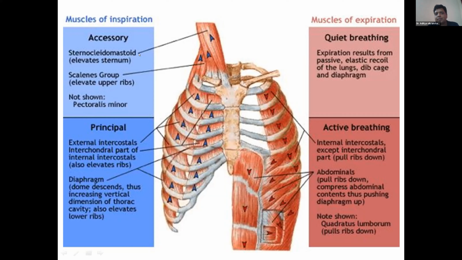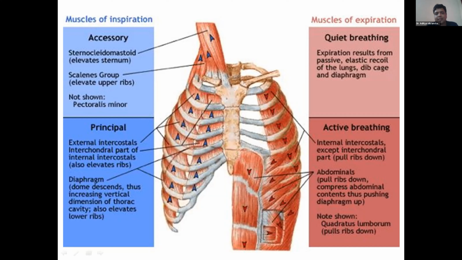Now, what is more important for us to understand is what these accessory muscles of breathing are. Why is it important? These are the physiological muscles of breathing, and these are the accessory muscles of breathing. Whenever a patient is using accessory muscles in the act of respiration, that means there is a difficulty in respiration which needs to be evaluated.